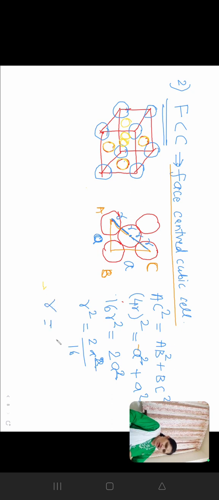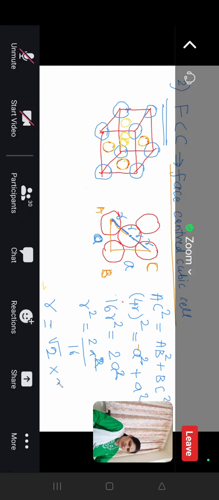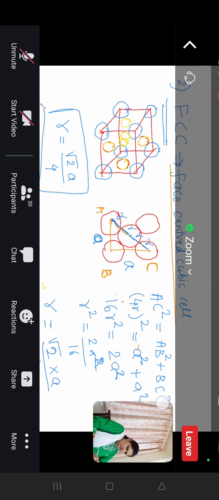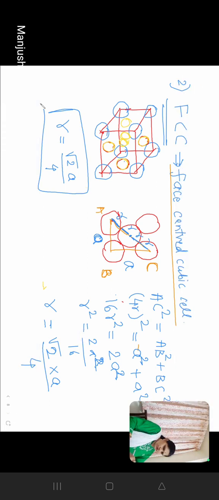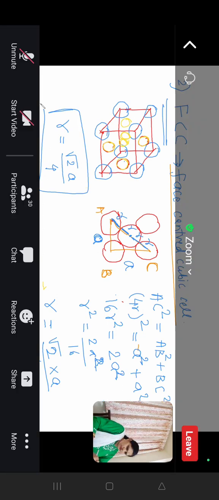So R is equal to A by root 8, that is root 2 into A divided by 4. In the square root only 2 is there, not A. This is the radius of FCC.